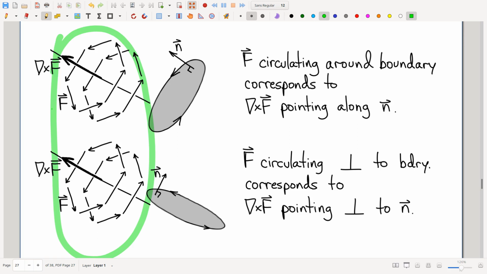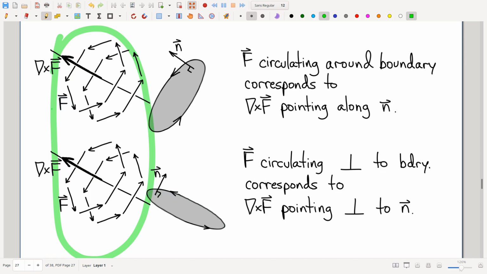I want to think about that vector field and its resulting curl, again noticing that the vector field is rotating around the curl. That's how curl works. And imagine a couple of different scenarios where we have a little piece of surface with boundary like this, and then another little piece of surface with boundary oriented like that. And does it track?